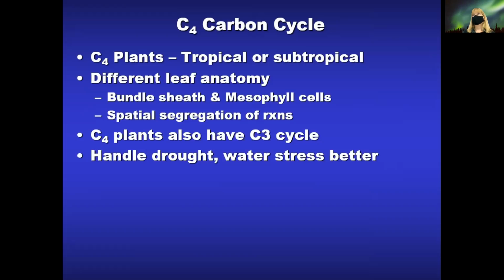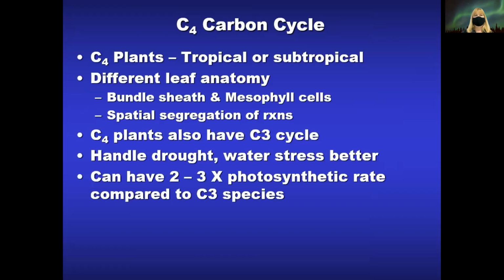C3 plants tank, C4 plants are like, yeah, I'm fine. All right. And so they have adapted to these types of conditions, and that C4 cycle is the reason why they can do it so much better. And so experimentally, they can say, 2 to 3 times the photosynthetic rate these C4 plants can do over the C3 when they put them head to head in carefully controlled experiments.